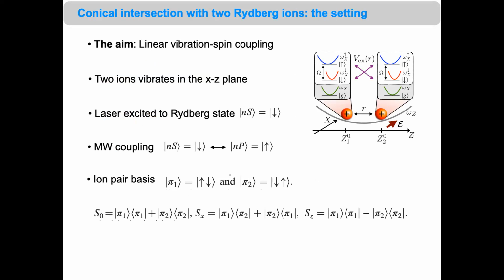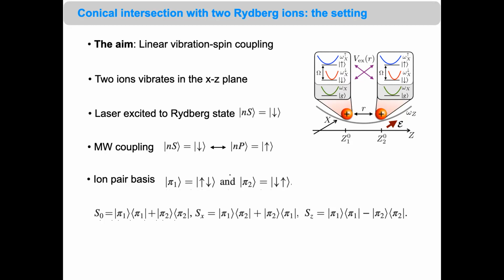So we consider two ions trapped in the XZ plane, with the dynamics along this two-dimensional plane. We use the laser to first prepare the two ions in the S state, then we use a microwave field to couple the ions to the neighboring NP 1/2 state.